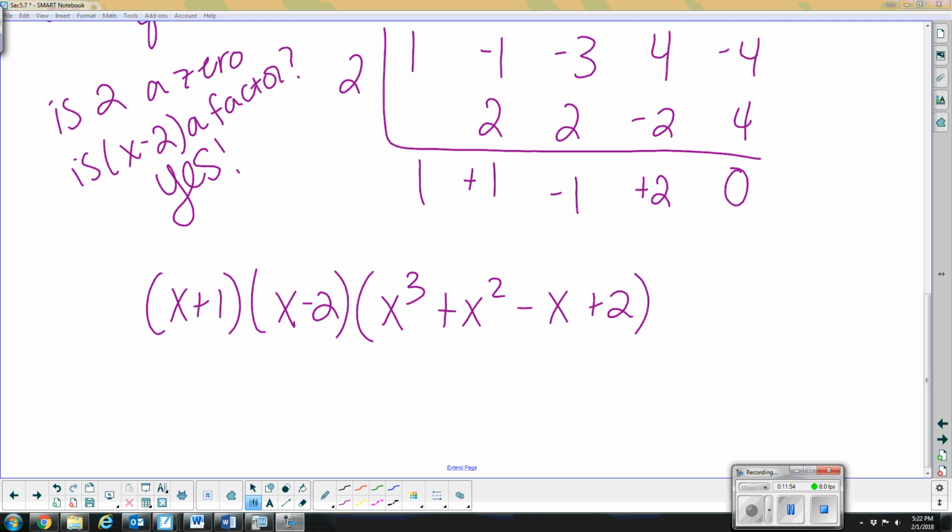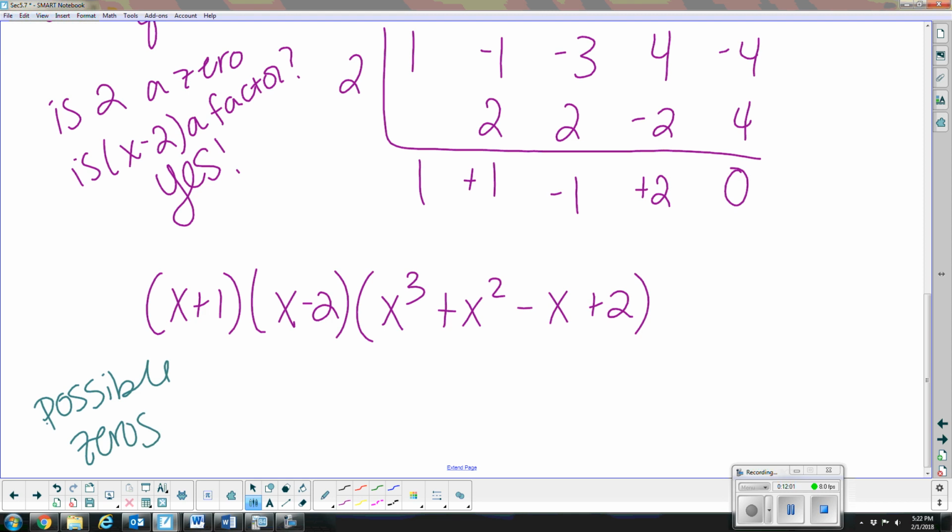So again, I'm going to look for my possible zeros. And here, since my leading coefficient is 1, I'm looking for factors of 2. So again, that's p over q, which in this case is just my p's. So plus or minus 1, plus or minus 2. So I've narrowed it down quite a bit. So let's look at -2.